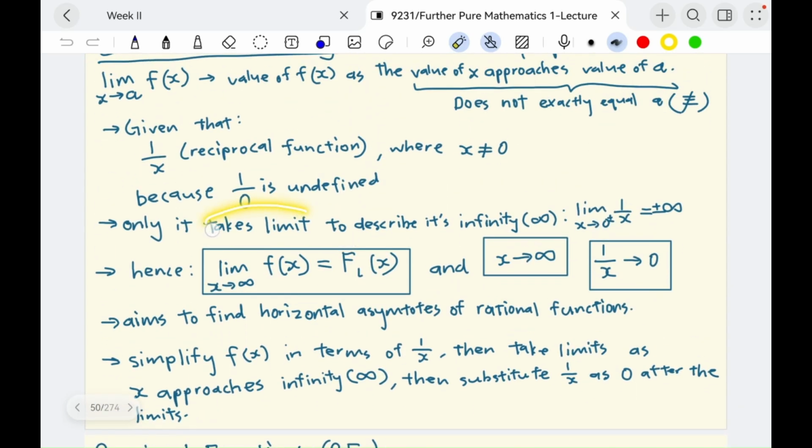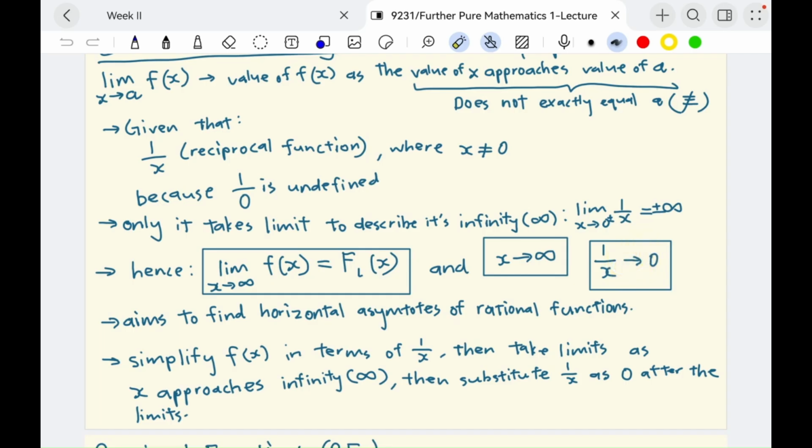Only the limit can describe this infinity. Generally, the limit of 1 over x as x goes to 0 from above or below gives infinity. So this is how it is defined. Hence, the limit of f(x) as x goes to infinity is the limit value of f(x) after you have applied these two concepts: x is approaching infinity and 1 over x is approaching 0.